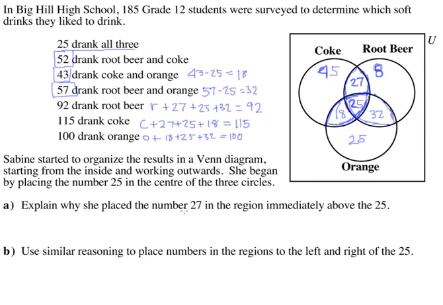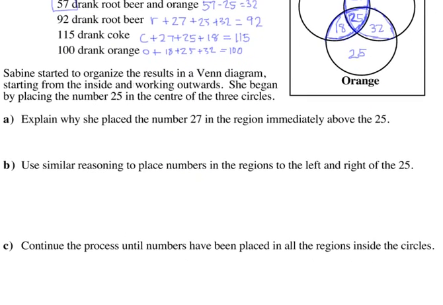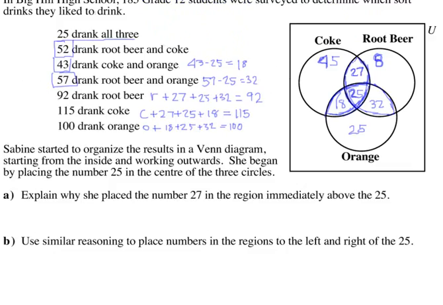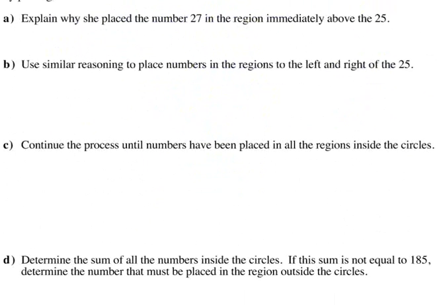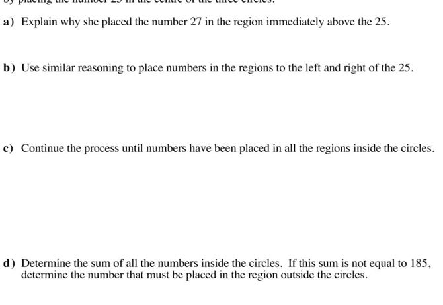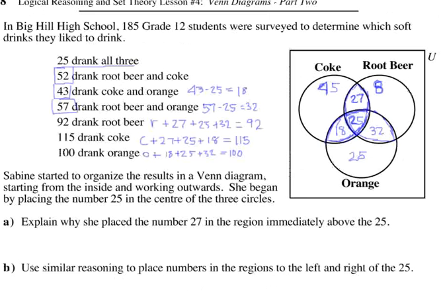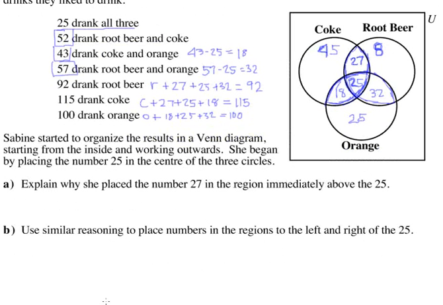Okay. So similar reasoning to place the numbers in the regions left and right of the 25. We did that. Continue the process until numbers have been placed in all the regions inside the circles. We did that. Now, last thing they ask, determine the sum of all the numbers inside the circles. So we need a grand total here. I'm just going to use this space. We have 45 plus 27. That brings our total to 72.